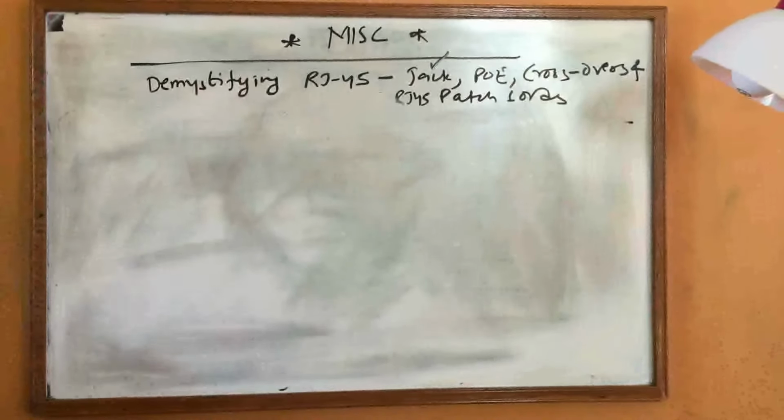We talked just now about the straight cables or straight patch cables. It doesn't mean that it's only a patch cord. Straight is a configuration basically. Straight cabling is a configuration.